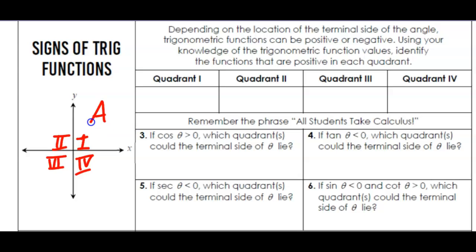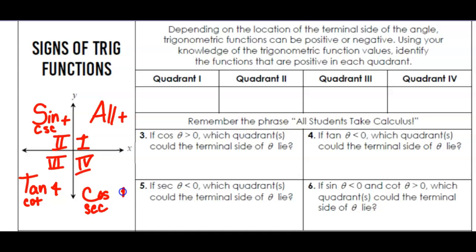And it's all students take calculus. This means they're all positive here. Only the sine and therefore cosecant are positive here. Only the tangent and therefore the cotangent are positive here. And only the cosine and therefore the secant are positive in this quadrant.